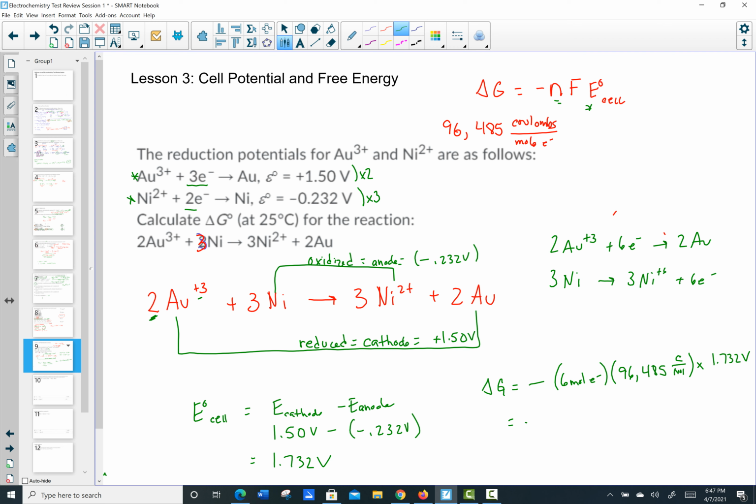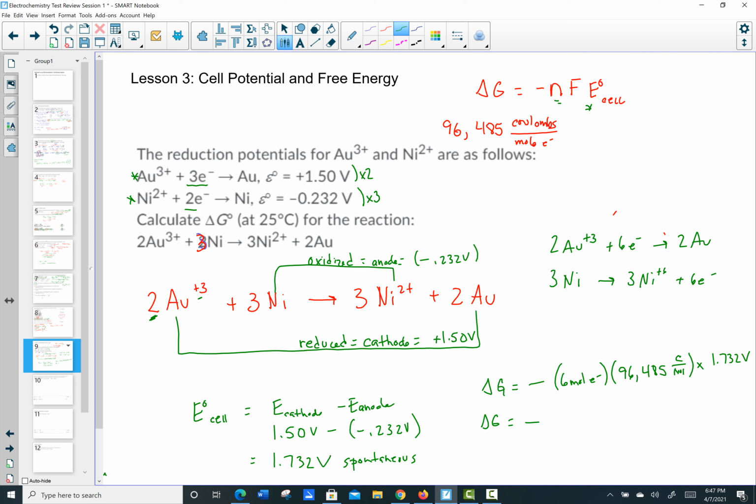And this is going to come out negative, as we predicted. A positive voltage represents a spontaneous reaction. Delta G better be negative because negative delta G represents a spontaneous reaction.